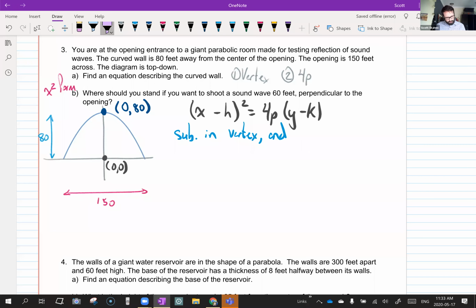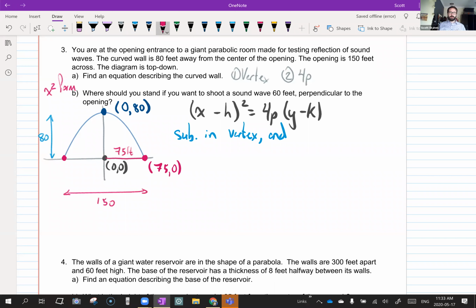I've got this width of the room, so I actually have 2 more points. Similar to before, I can either use this point or this point. This point here is 75 and 0 because I know this is half of 150, so this is 75 feet.